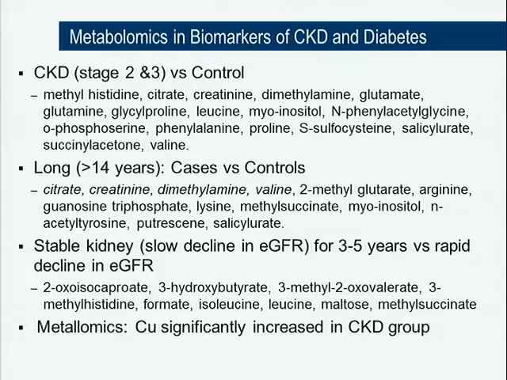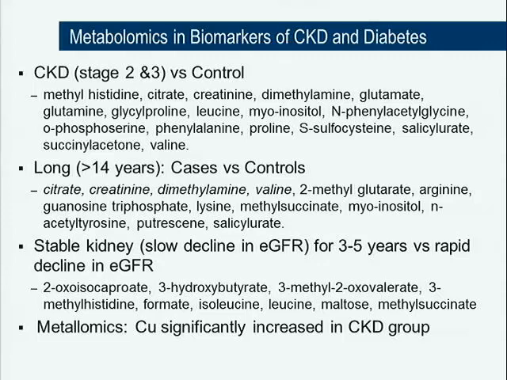And then we looked at a group with stable or slow decline in eGFR, and compared those with those who were rapid decliners in eGFR, and came up with a different set of metabolites.